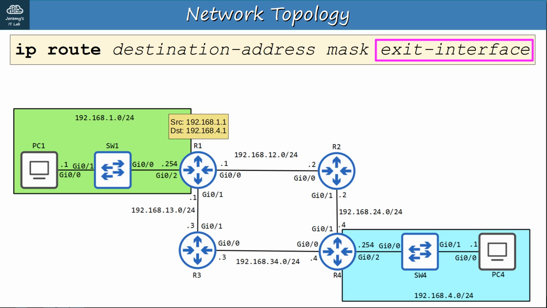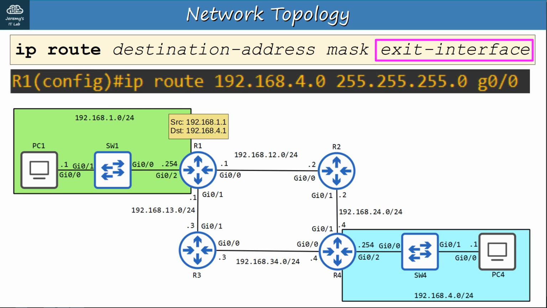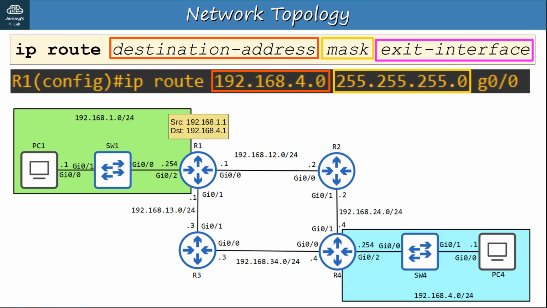This time, instead of specifying an IP address as the next hop, we just specify the exit interface, the interface out of which R1 should send the packet. If we do it on R1, it will look like this. IP route, followed by 192.168.4.0, the destination network, then 255.255.255.0, the mask. Finally, Gigabit Ethernet 0/0, the exit interface.